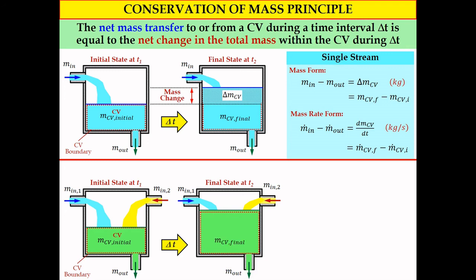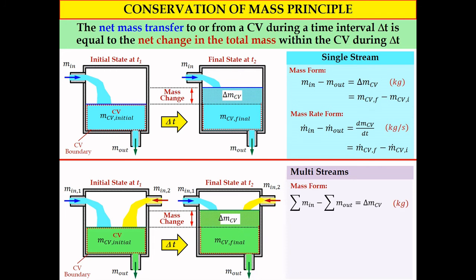So we have a new value of m_CV at the final state, and also a mass change, referred to as delta m_CV. For the multi-stream system, in terms of the equation in mass form, sigma represents the total or summation of something. So sigma m in, the total of m in, minus the total of m out, equals delta m_CV in kilogram, and delta m_CV equals m_CV final minus m_CV initial.